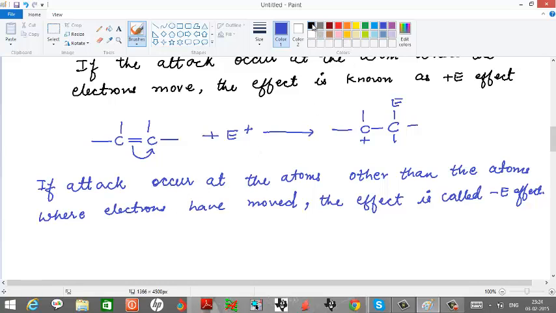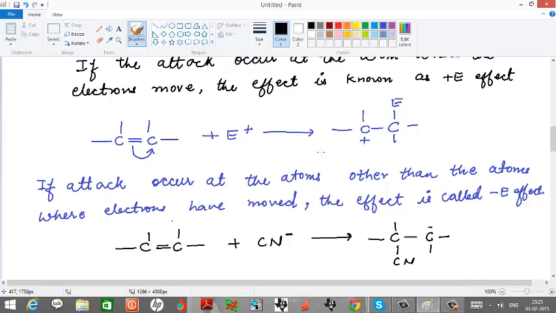For example, if we have carbon double bond carbon and a nucleophile attacks it, then it gives carbon, carbon CN single bond carbon with a negative charge. This is known as minus E effect.